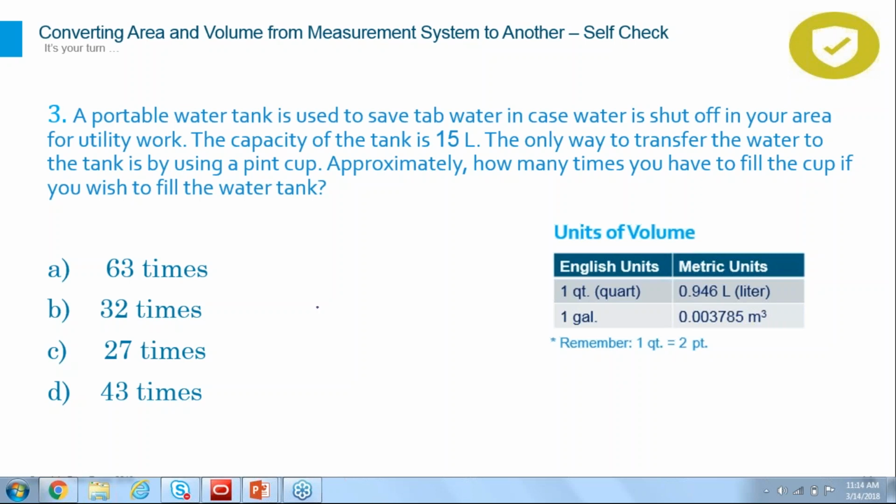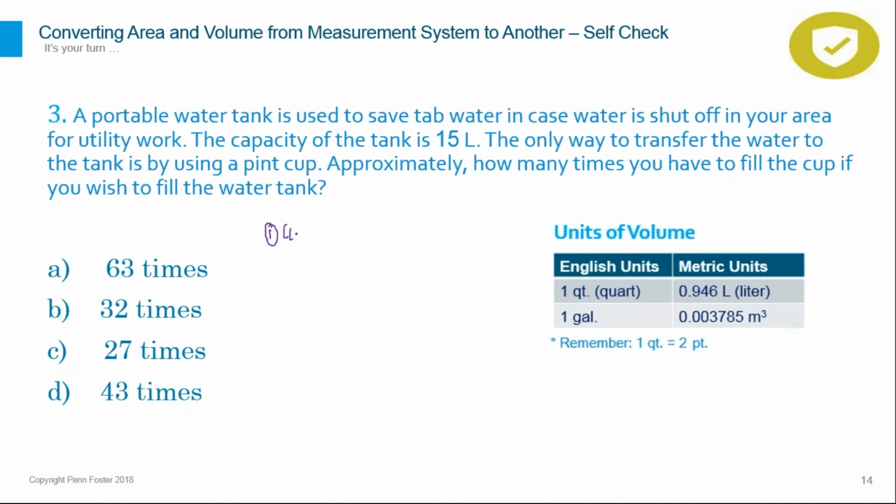So step one, convert liters to quarts. I'm going to do that using a proportion equal to a fraction. 1 quart, I know, equals how many liters? 0.946 liters. If I have 15 liters, then how many quarts is that?